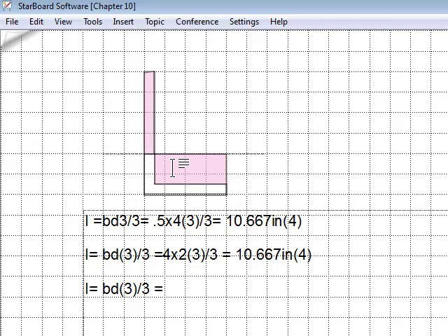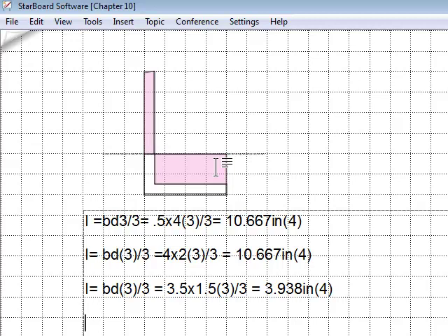That's going to equal 3.5, which is the base, because we took off the 1/2 inch either way, times the depth or height, which is 1.5 cubed, over 3, which equals 3.938 inches to the 4th. And that's going to be a negative.